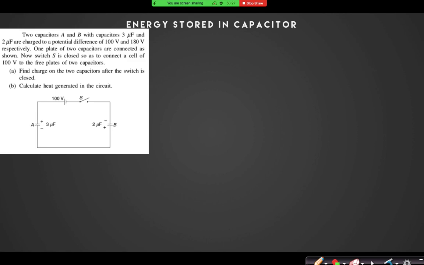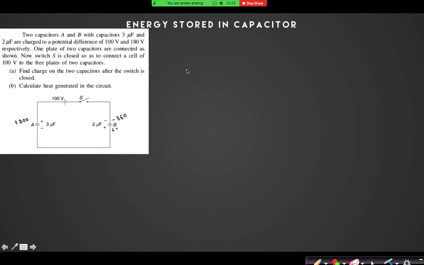It says two capacitors A and B with capacitance 3 microfarad and 2 microfarad are charged to potential difference 100 and 180 volt. So if they are initially charged, then I can write their initial charges. 3 with 100, so it is plus 300, right? And this was minus, so it is minus 2 into 180, minus 360.